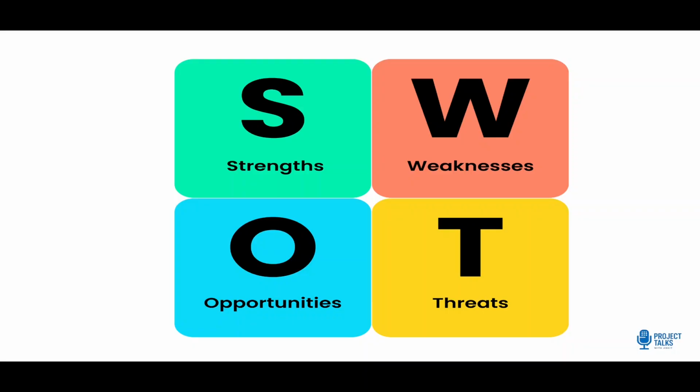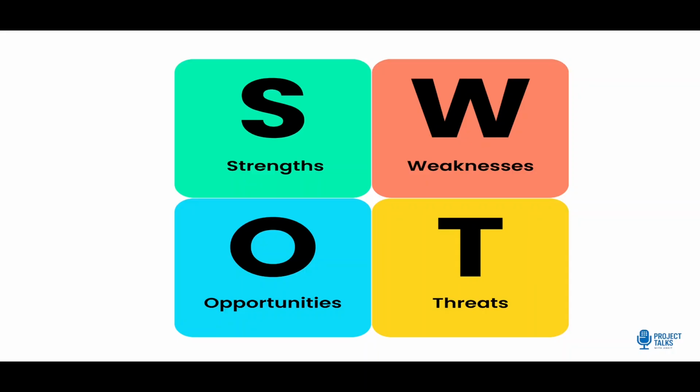Now, here's your classic SWOT box. Basically, this is your project's report card. Strengths are your superpowers, the things you do really well. Weaknesses are those weak spots that can trip you if you ignore them. Opportunities are chances out there in the world waiting for you to grab them. And threats are the risks, the curveballs you need to be ready for.